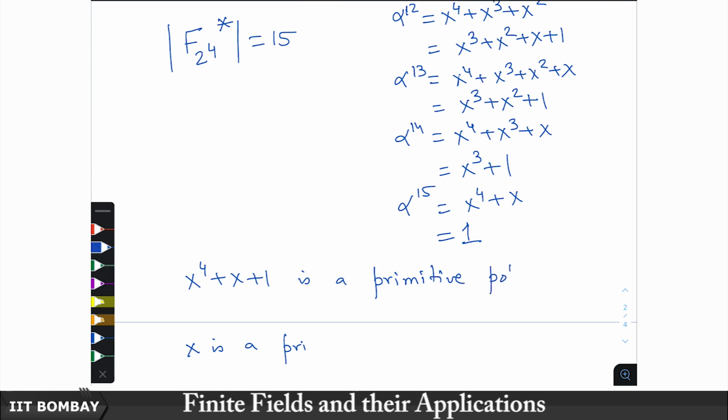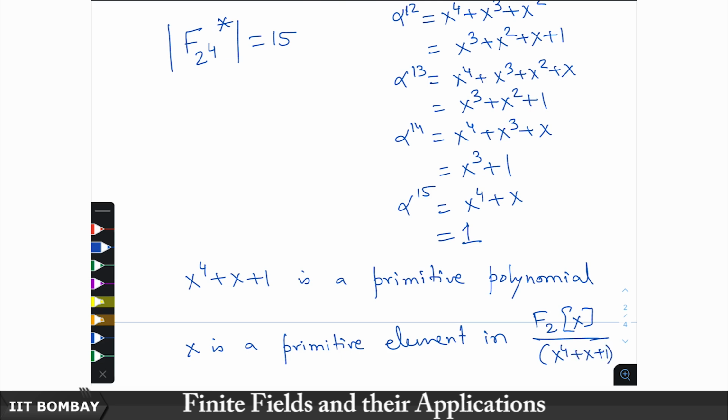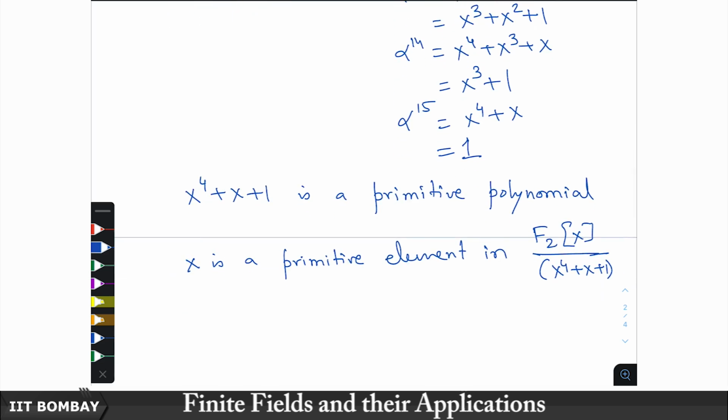This is a primitive polynomial, and what it means is that x is a primitive element in the field F 2 power 4 when constructed, that is F 2 x by x power 4 plus x plus 1. When you construct this extension field in that representation, in that way of constructing, x is a primitive element.